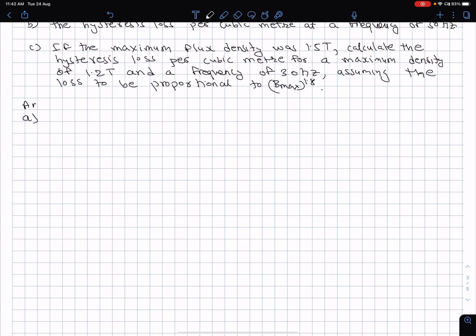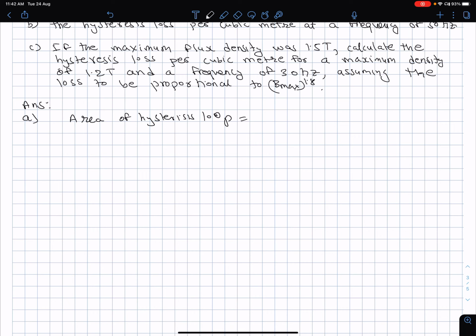Let's go to A. First of all, let's write the correct area. I mean, in the electrical terms, what is the area of the hysteresis loop?